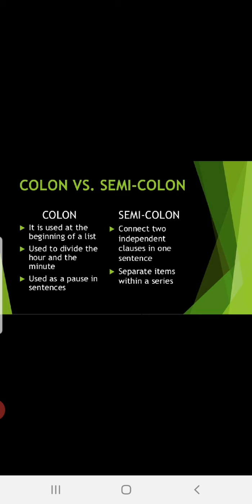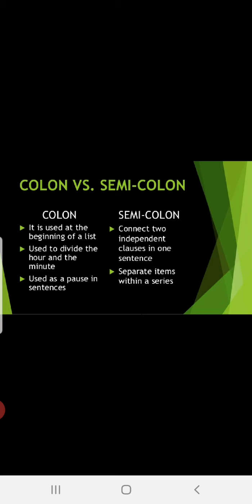When you write hour and minute, you use 2 dots, nothing but a colon. A colon is also used as a pause in a sentence. When you are writing a sentence, to pause it, put a colon. Two periods together make a colon.